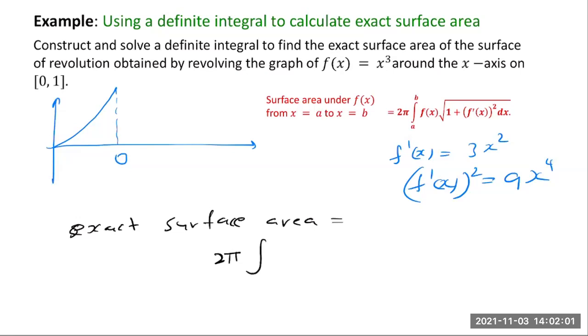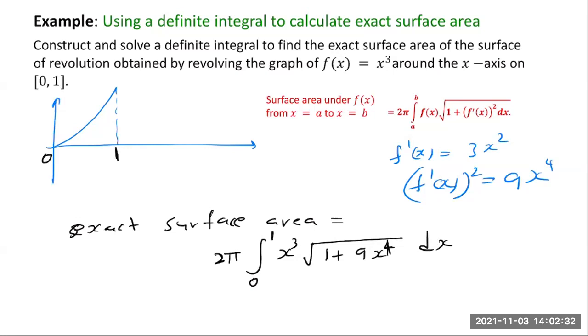What is my interval of integration? 0 to 1. So the integral from 0 to 1 of f of x, which is x cubed, times the square root of 1 plus f prime of x squared, that is 9x to the power 4, dx.